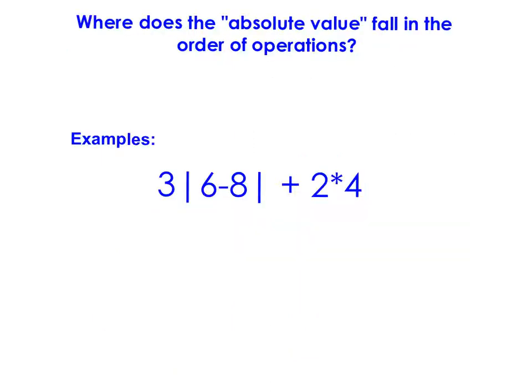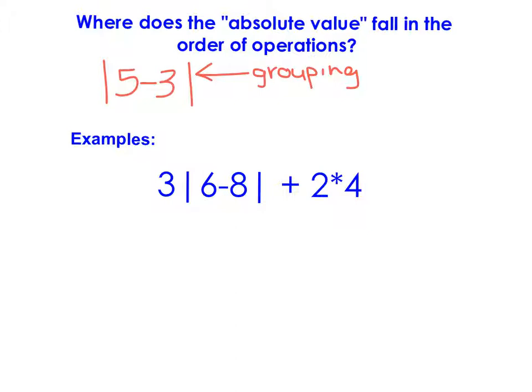So as we prepare to evaluate expressions that contain the absolute value function, we need to talk about where this applies in the order of operations. So what I want you to notice is that the absolute value actually groups items together. So something like 5 minus 3. This is grouping 5 minus 3 together.